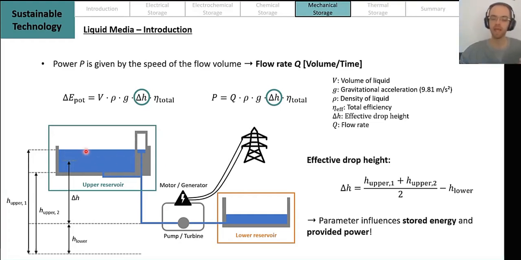Because as it empties, of course, your effective height decreases. That's why you take the average. And from this, you deduce the height of the lower reservoir, because this is where the water will drop to. And this is very much a key parameter, because this parameter influences the stored energy as well as the provided power of the system.